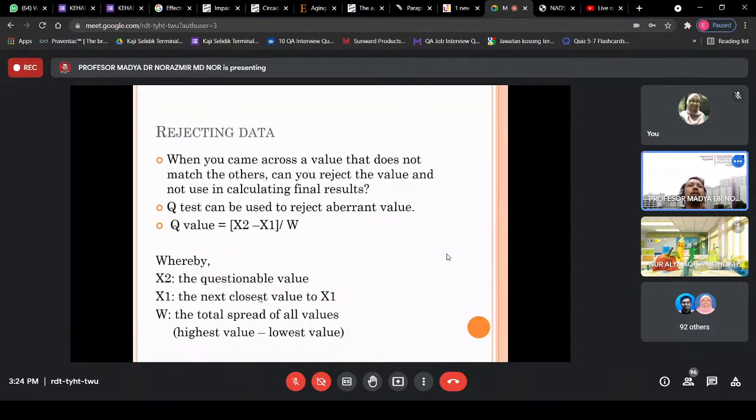So when we reject the data, after we get the data, but some of the data is not valuable, we must put it aside, or what we call reject the data. When you come across a value that does not match the others, can you reject the value and not use it in calculating the final result? Yes. We can conduct the Q test to reject the aberrant value by using this formula.